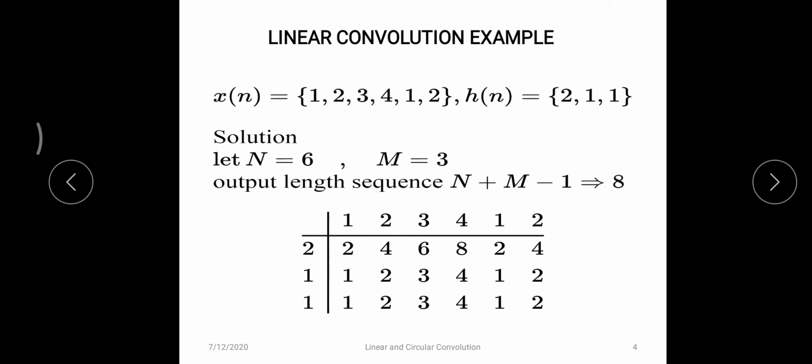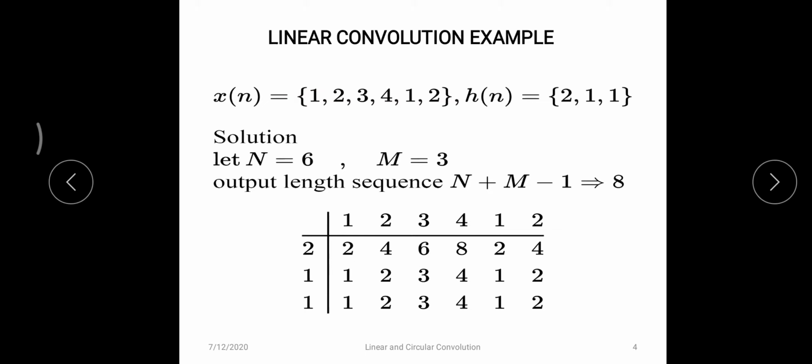One thing we should know first: before proceeding to the output y of n, first calculate the number of samples in x of n and h of n. We should also be able to calculate the number of samples in y of n based on n and m. Let n be the number of samples, or length, of x of n. The length here represents the samples count. If I see x of n, there are 6 samples, so n is equal to 6.